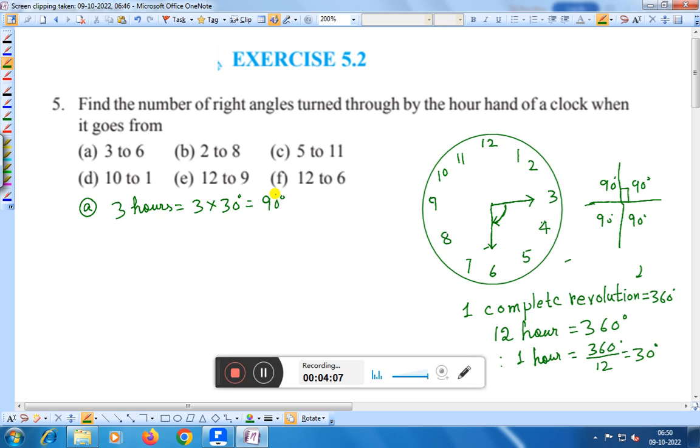Number of right angles, if we divide 90 by 90, that means it is one right angle.